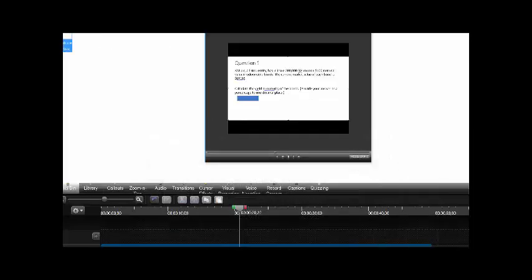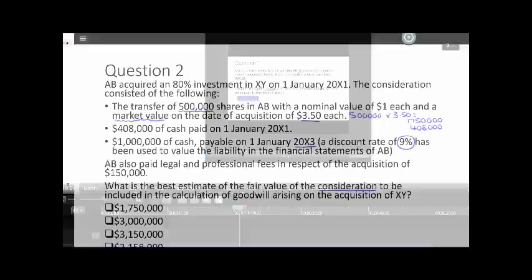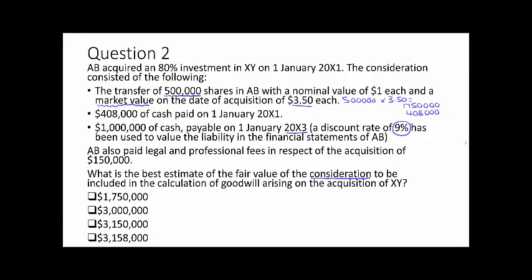So if we go back to our question, what we want to do now is take that $1 million times a discount factor of 0.842 would give us future consideration of $842,000.